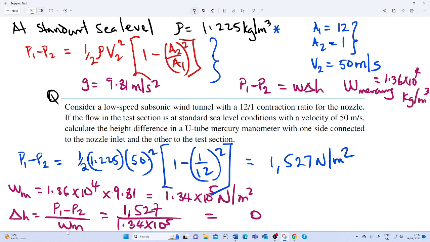It gives us 0.01149 meter. So our calculated height difference of the U-tube mercury manometer on the other side of the nozzle equals 0.01149 meter.